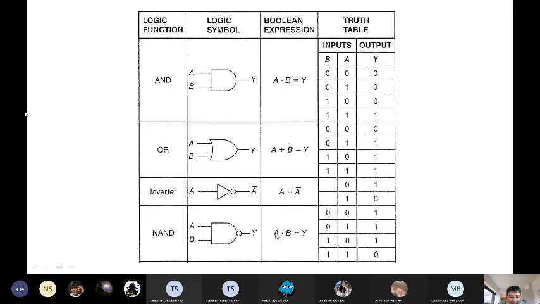If you write A with a small over bar and B with a small over bar, it will not be NAND. To show NAND, you need to write A and B, then this long over bar, equals Y. You will read it as A and B not, or just not A and B equals Y. So it is the truth table.